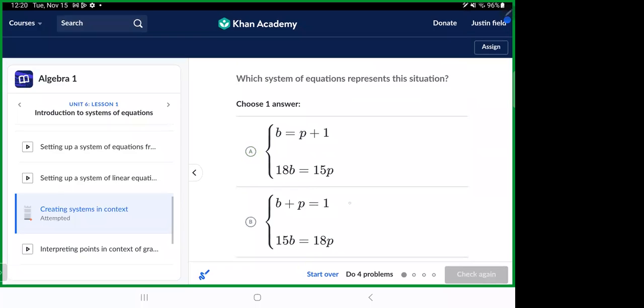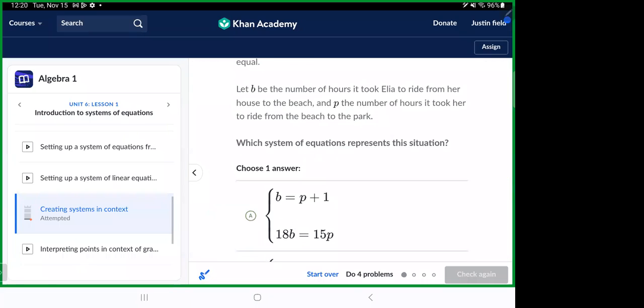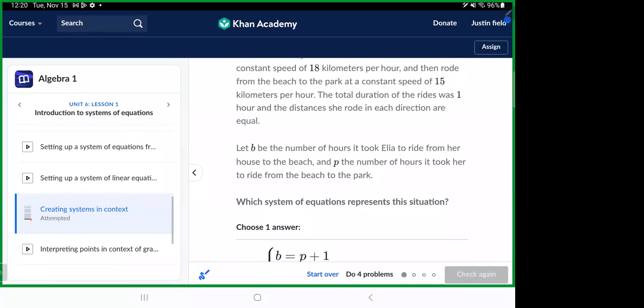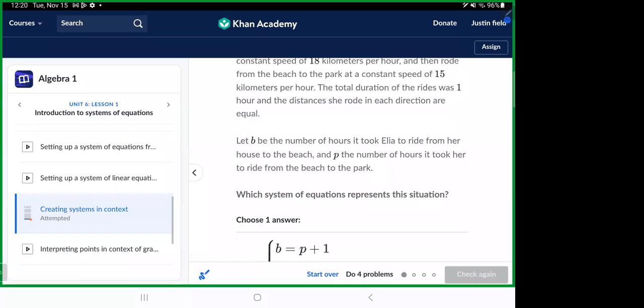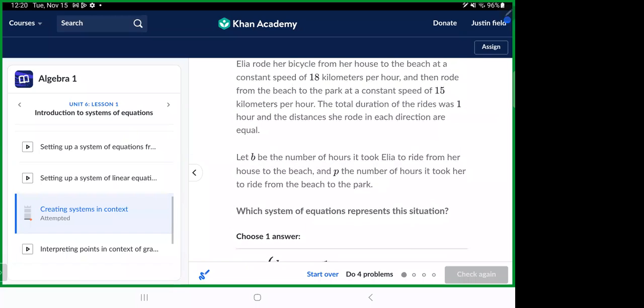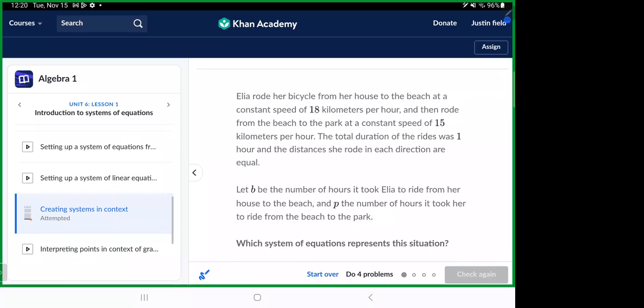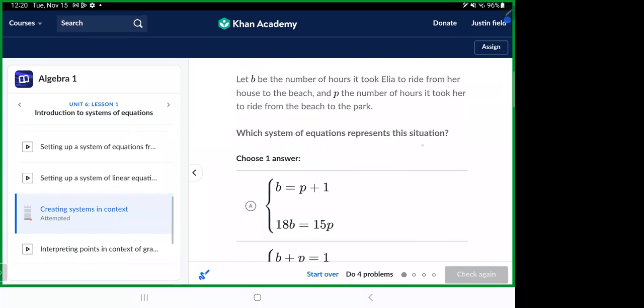And that's because when you add the rides together, it equals 1 hour. Now, if I'm wrong, I'm wrong. And then the other thing we know is that the trips were equal. So 18 is from the house to the beach, and B is the hours it took to ride from her house to the beach. So 18B.